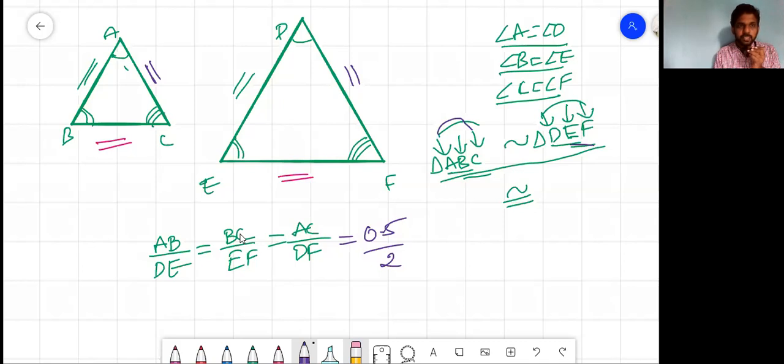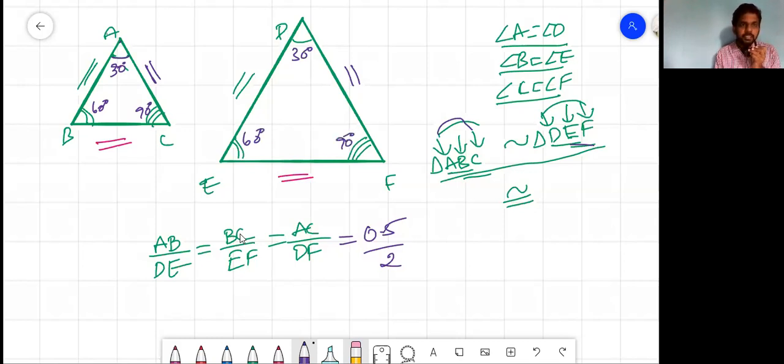You have to take the corresponding sides. For example, if I have angles 30, 60, 90, taking some random numbers, right? Then it should be in the same order.